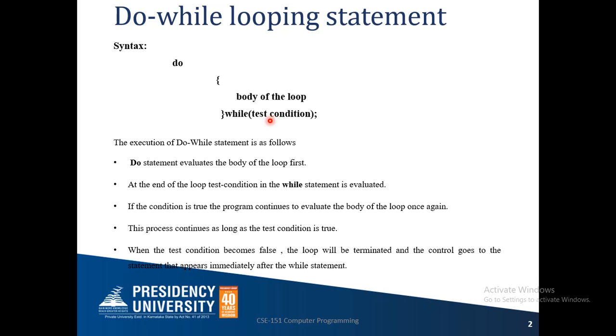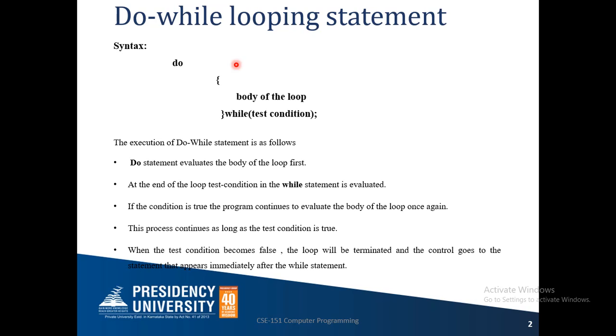If the condition is true, we'll go inside the loop and execute the statements. Again, we will check the condition, go inside the loop, execute the body of the loop and check the condition. This will keep on repeating until the condition becomes false. Then the loop will be terminated and the control goes out of the loop. So this is about the do while looping statement.